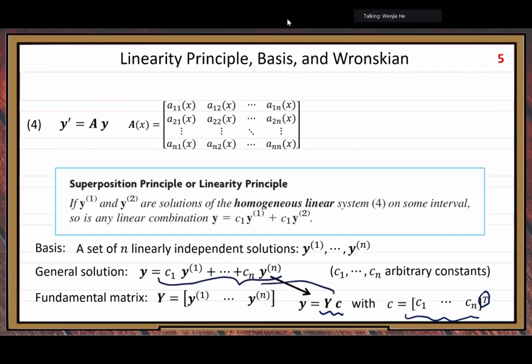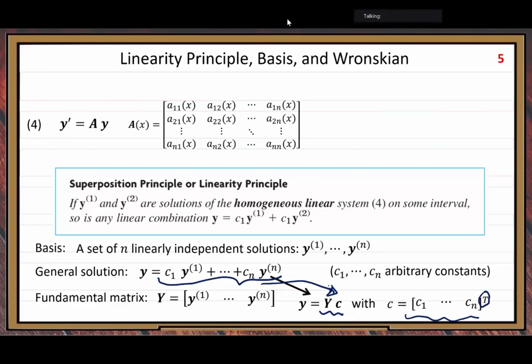We write it as capital Y times C, not C times Y. You cannot change the order. You cannot change the order. So capital Y times C. You need to feel comfortable.